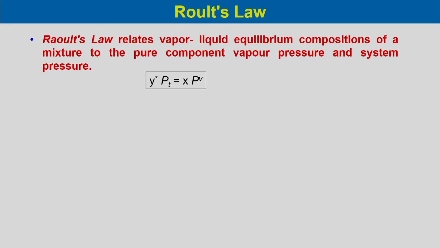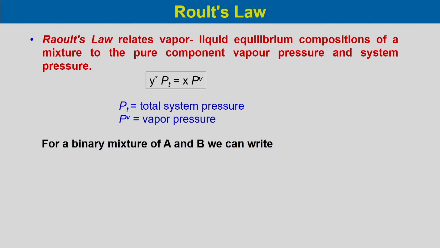Basically, Y star into Pt would be equal to X into Pv. Here Pt is the total pressure, the system pressure, and Pv is the vapor pressure. For a binary mixture, if we consider A and B, then we can write Pa star is equal to X into PaV.